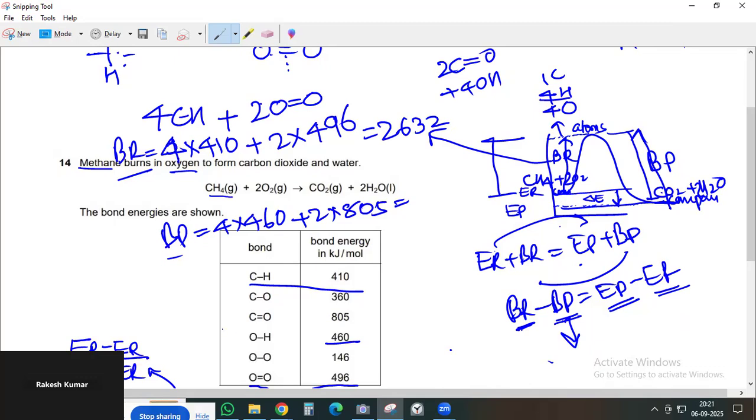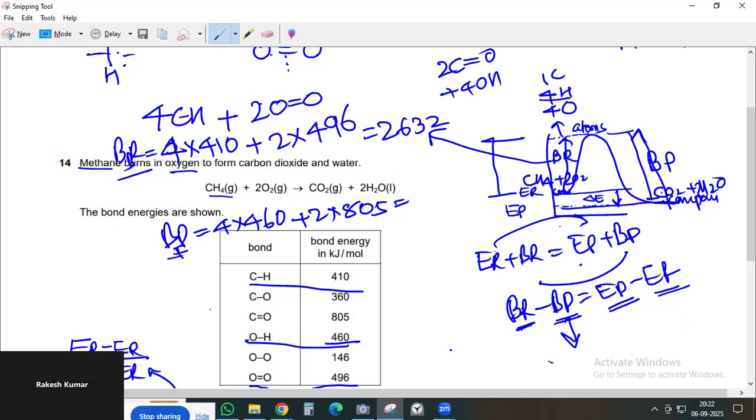Now BP, bond forming of the products; BR, bond breaking of the reactants. So this is 4 into 460 because 4 OH bonds are forming, plus 2 into 805 because two CO bonds are forming.